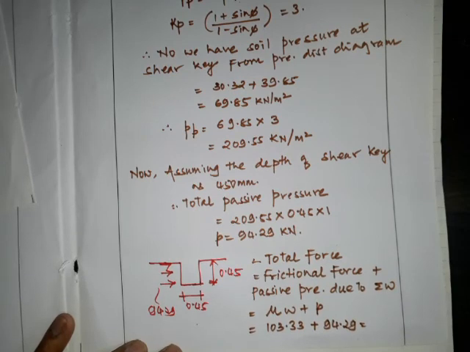So we get this as 197.69 kilonewton. So this is the total force which is acting in the opposite direction.